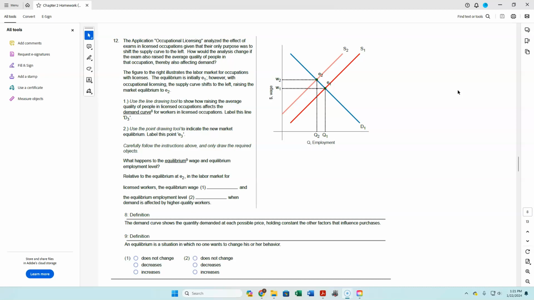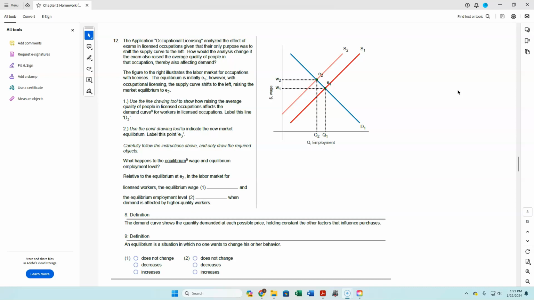Okay. Here in number 12, this one actually applies a great deal to Hawaii, given how much we require occupational training and occupational licenses. Here, what we'd be seeing is that the supply is shifting to the left.